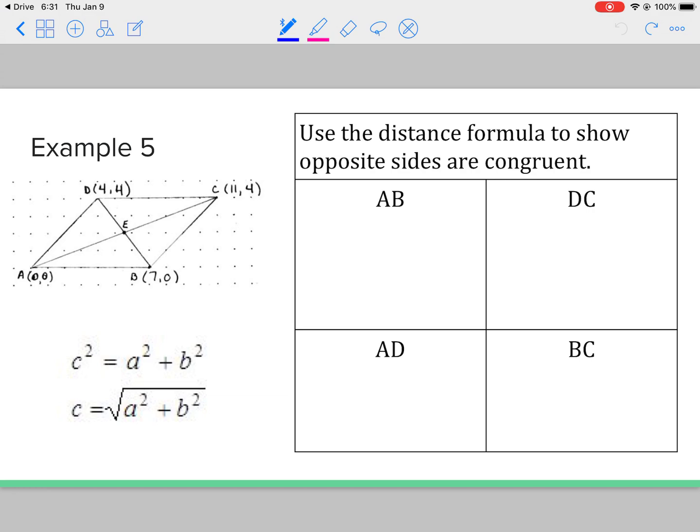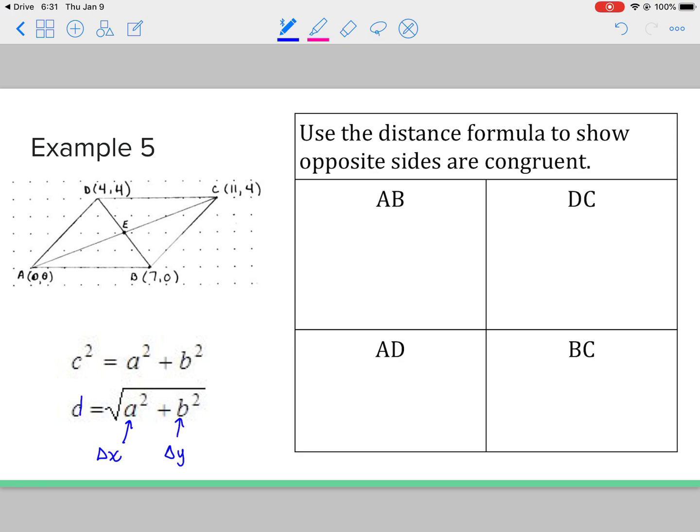So that distance, we can call this d. D equals the square root of a squared plus b squared, where a is how far apart the x's are, so the change of x, and b is how far apart the y's are, so that's the change of y.